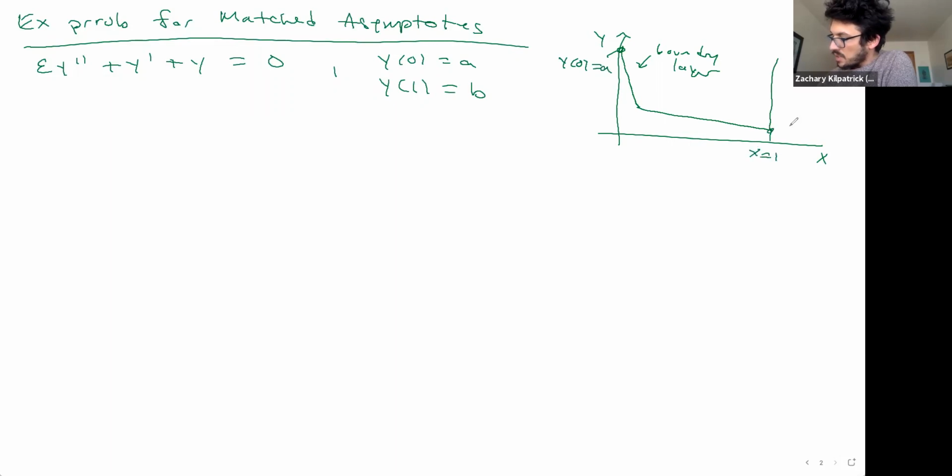And here at x equals 1, we have no boundary layer, at least to our first order expansion.